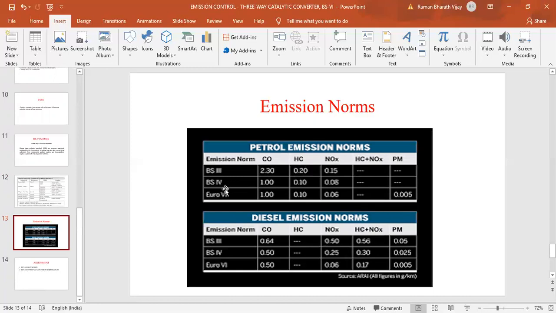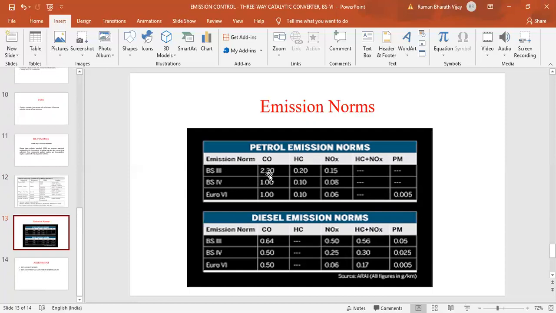In case of BS4, the carbon monoxide should be 1, and the hydrocarbon should be 0.1. Again, for BS3 the carbon monoxide should be 2.30 only, and for BS4 it should be 1.